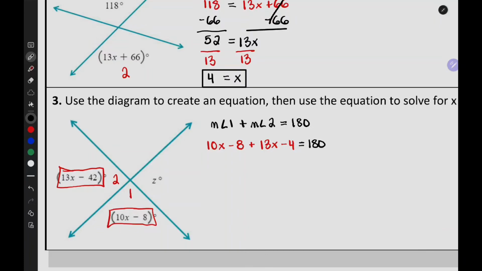So now we combine our like terms. I've got my x terms, my constants, and we get that 13 plus 10 is 23. So we get 23x, and negative 8 plus negative 4 is negative 12. And that's still equal to 180 degrees.